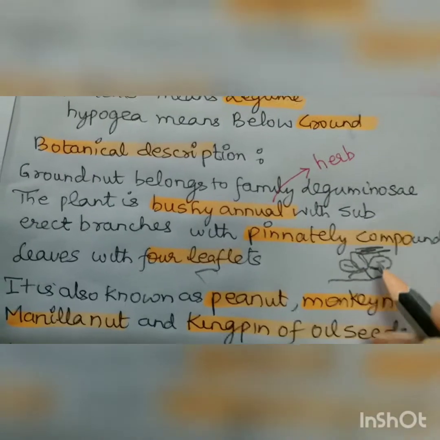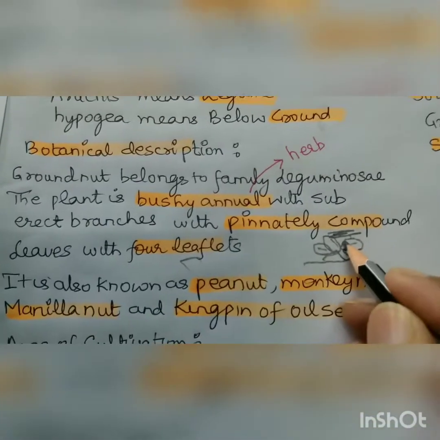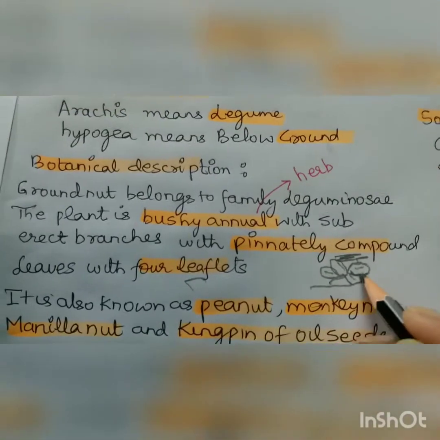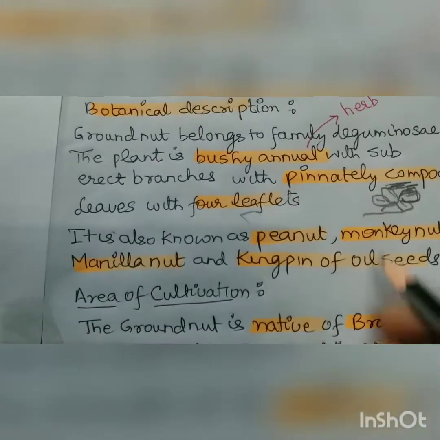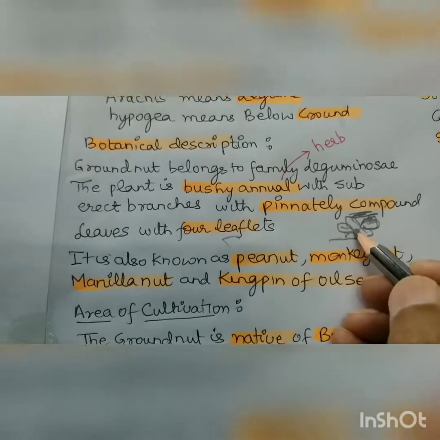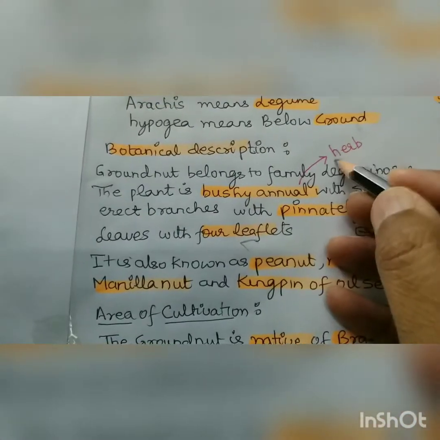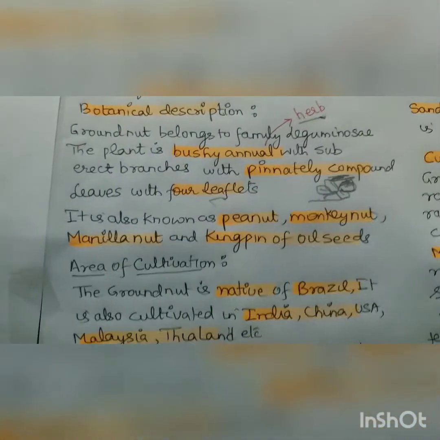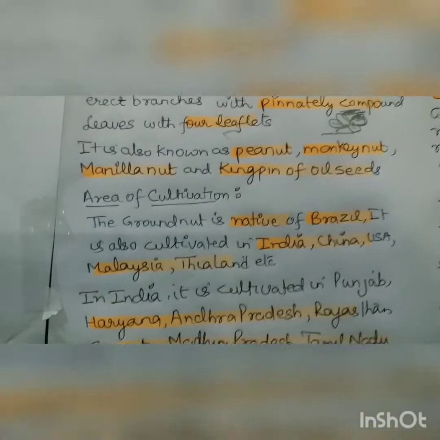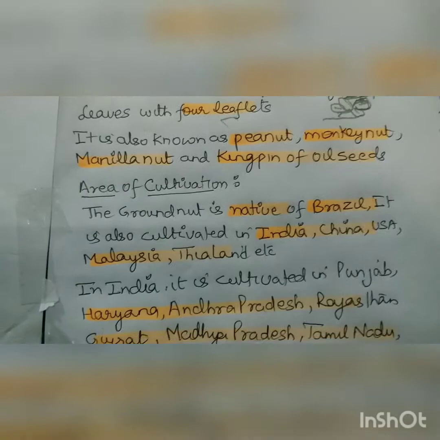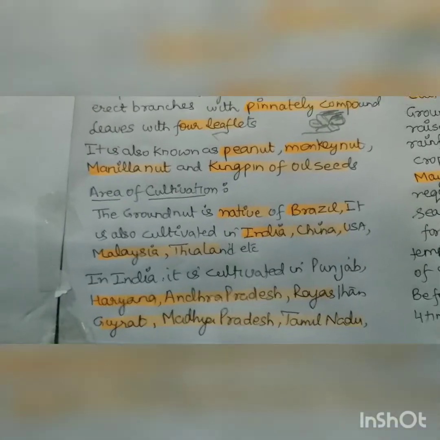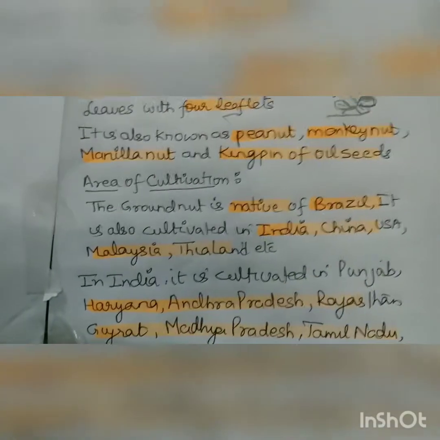Pinnate, like when we fly a kite, the pinna, pinnately, and 4 leaflets, and it is basically a bushy annual herb, right? It is also known as peanut, monkey nut, Manila nut, and kingpin of oilseeds. So any question can come from these also.